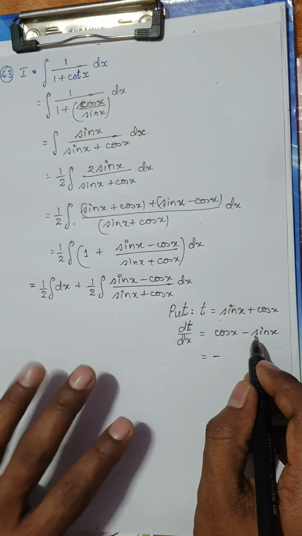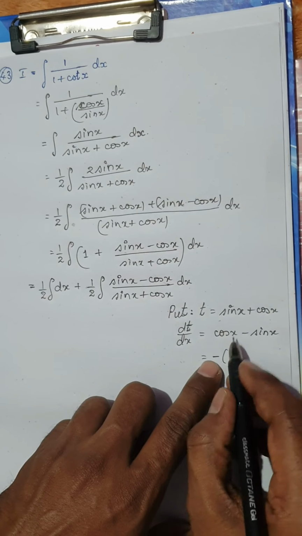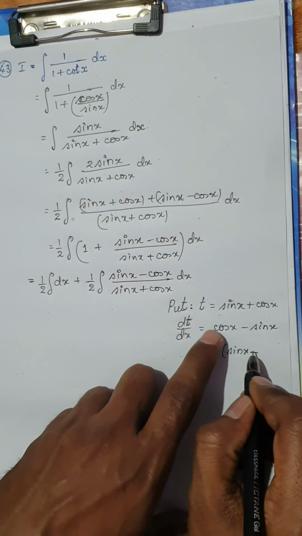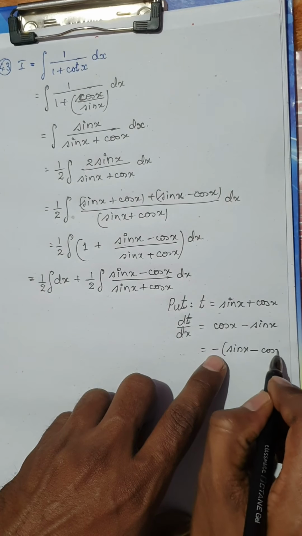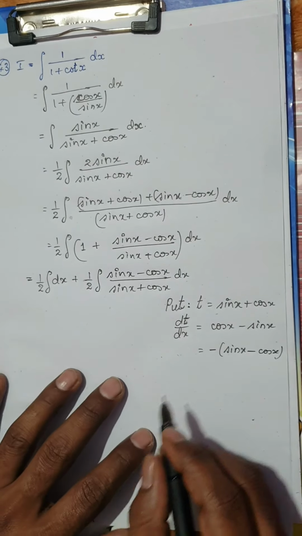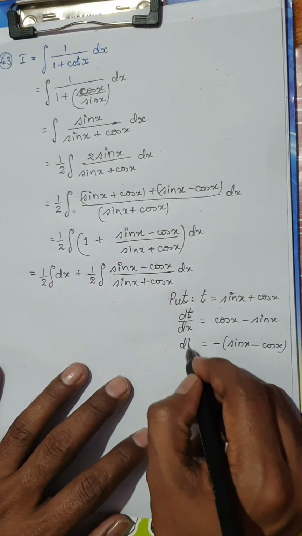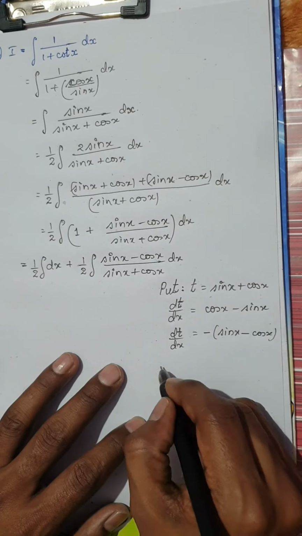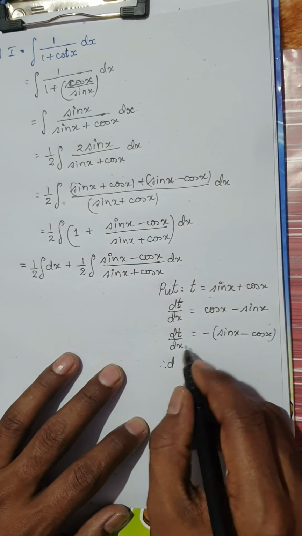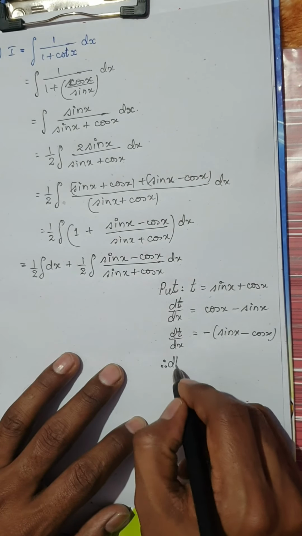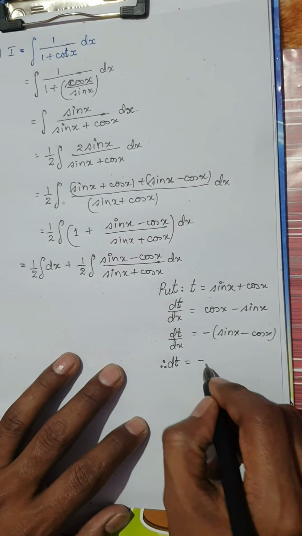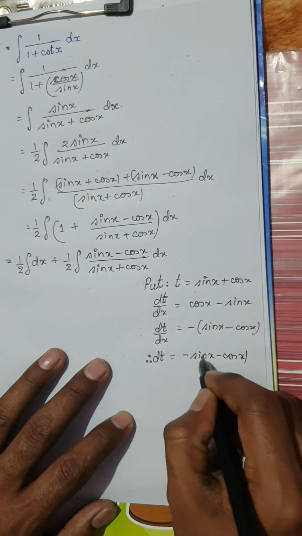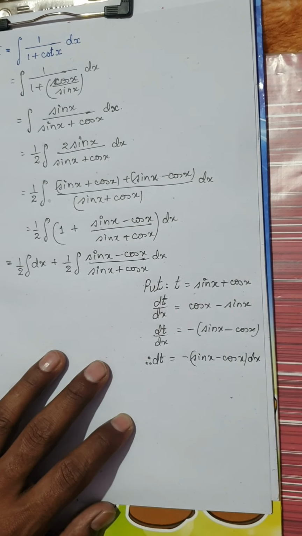If I write this term outside and take minus common, I will get minus of sin x, and minus into minus will become plus, I will get cos x. The left hand side is just dt by dx. Therefore, dt would be minus of sin x minus cos x, whole term, dx.